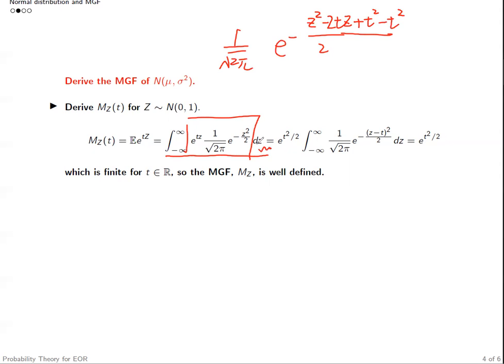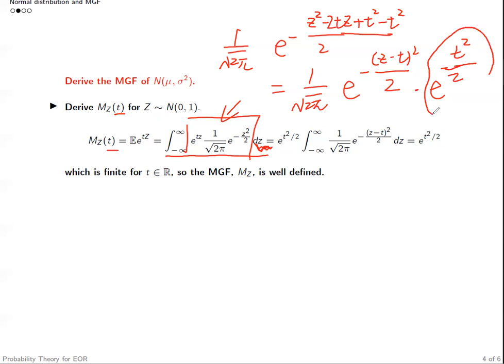Notice that in the Riemann integral we are integrating with respect to small z, so t is fixed. Right here we are considering an arbitrary given t. Therefore, we can rewrite the integrand as e to the power of negative (z minus t) squared over 2, times e to the power t squared over 2.